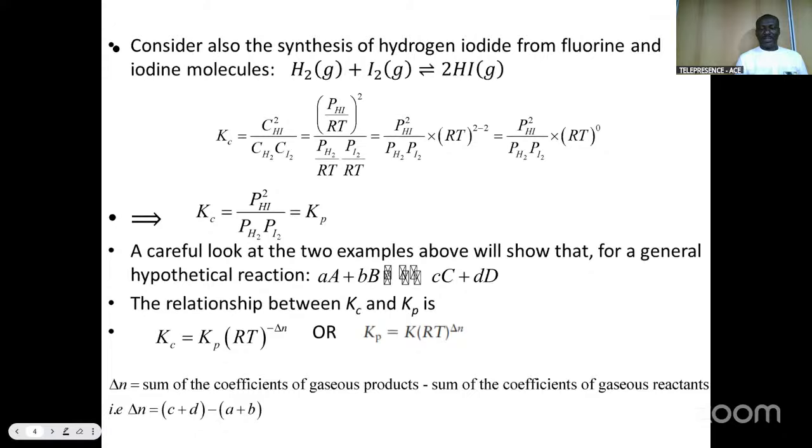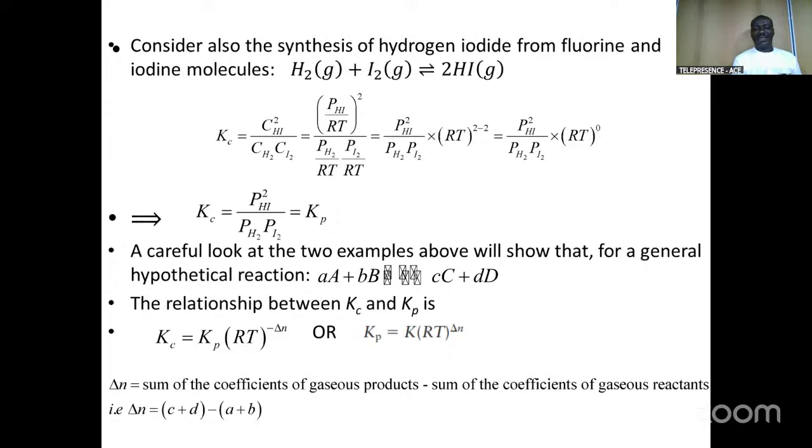Now, let's look at this reaction here. Just as we have argued for the ammonia synthesis, we have H2 plus I2 to give us 2 moles of HI. One mole of hydrogen, 1 mole of iodine to give 2 moles of hydrogen iodide. So we have 2 moles of gaseous reactant, 2 moles of gaseous product.